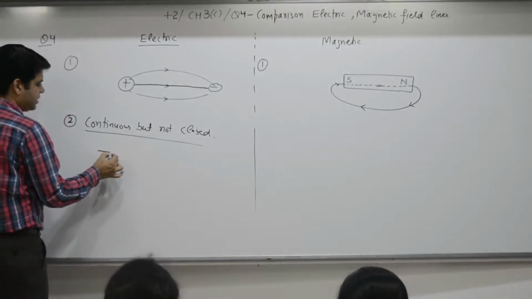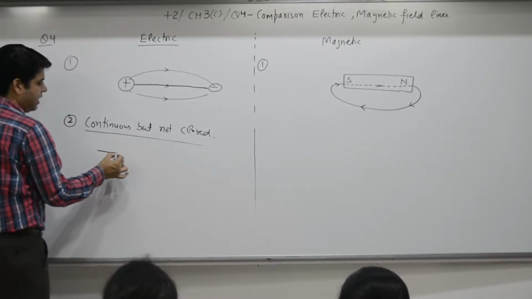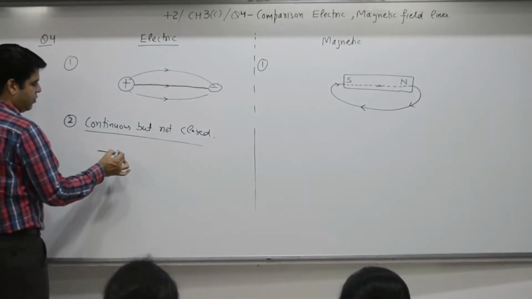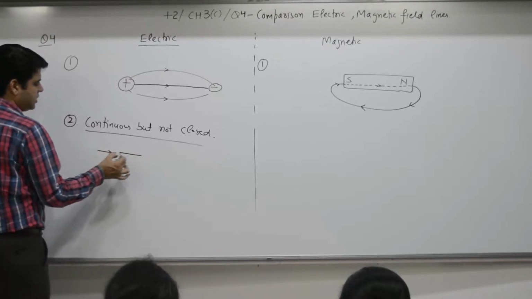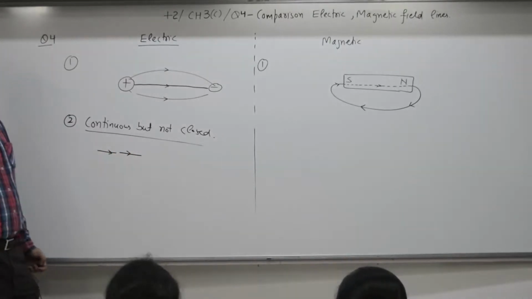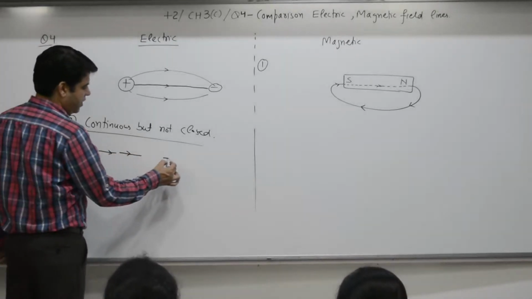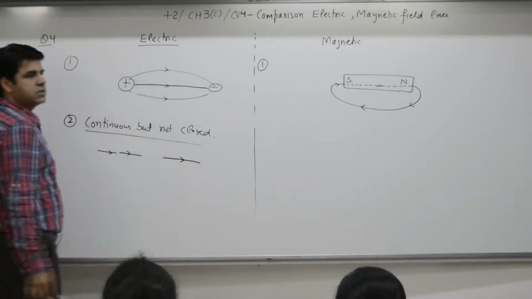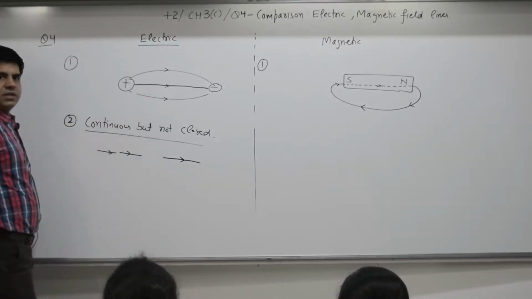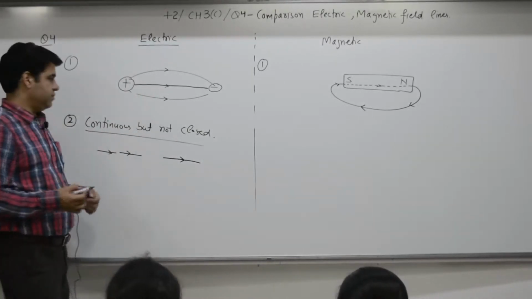If you move like this, and after that you pick it, and now restart, this is what we call a discontinuous. And if you continue moving like this, it is termed as continuous. So these are continuous, but not closed.